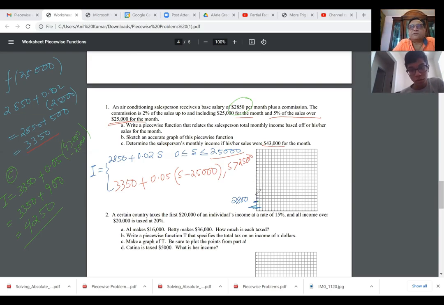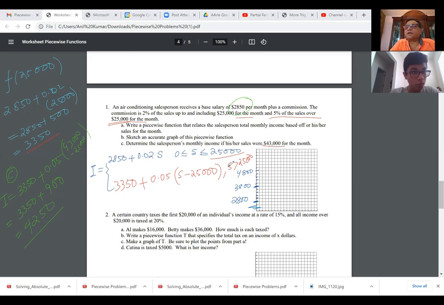So 10 will be 1000. Let's say 200 we have to take, right? So let's say 200 each division. So 1, 2, 3, 4, 5, so this becomes 3800. 1, 2, 3, 4, 5, this becomes 4800.